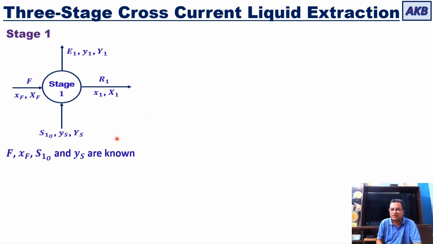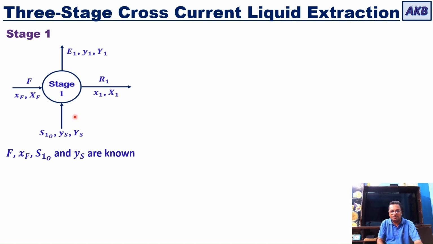Quantities admitted to individual stages could be different or they may be the same. But since you are using the same solvent, its composition will be the same for all the stages. So that's why the weight fraction of C in the solvent admitted to all the stages is YS.